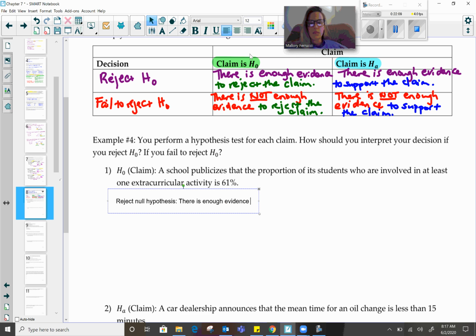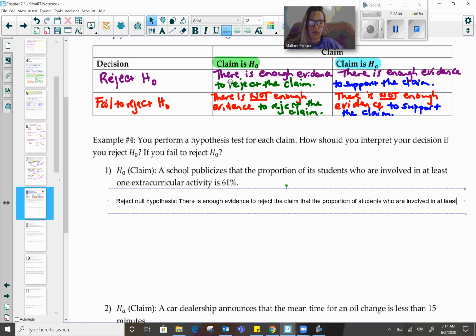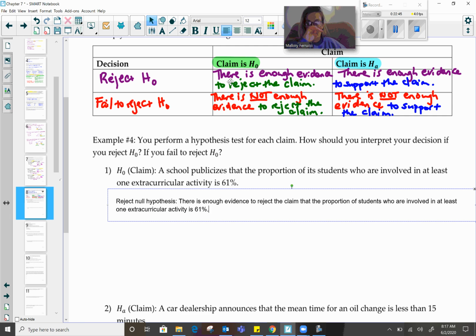Now, the claim was the null hypothesis, so I say there is enough evidence to reject the claim that the proportion of students who are involved in at least one extracurricular activity is 61%.